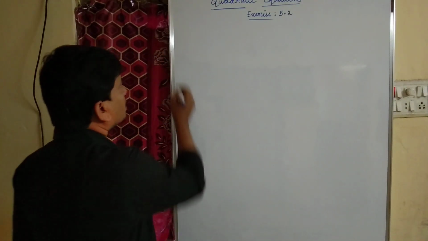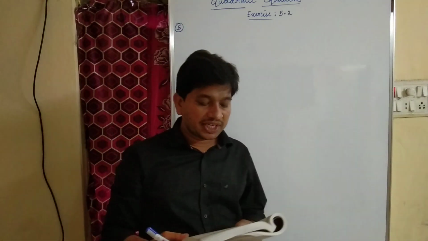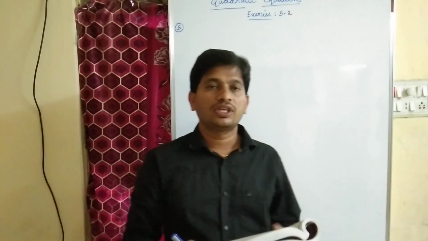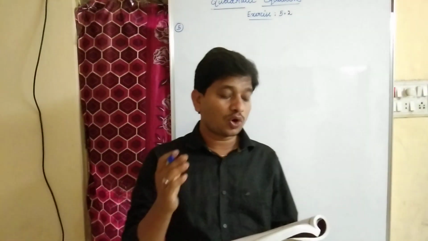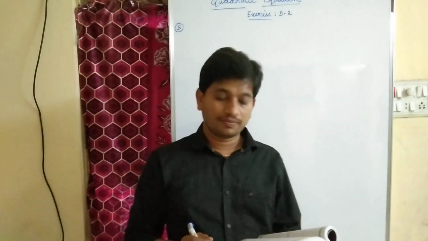Now coming to the fifth question. A cottage industry produces a certain number of pottery articles in a day. There was an industry called cottage industry. They are producing a certain number of pottery articles in a day.